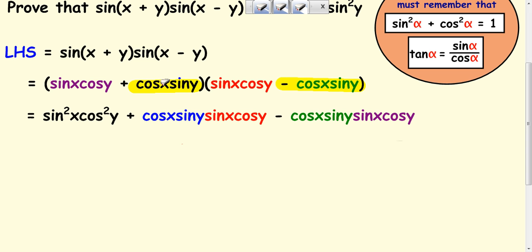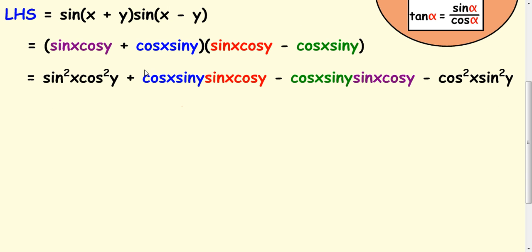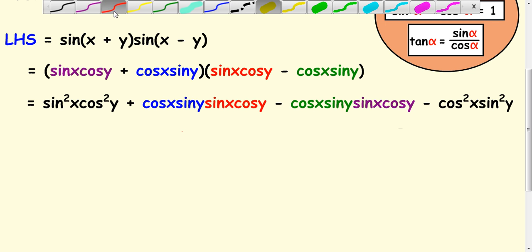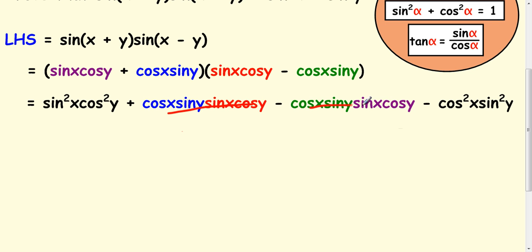And if you notice, it's going to be cos squared x and sine squared y. So that's quite a tricky bit there. But what we should see is we've got cos x sine y and sine x cos y, take away cos x sine y, sine x cos y. So these things are basically going to cancel each other out, which leaves us with this.